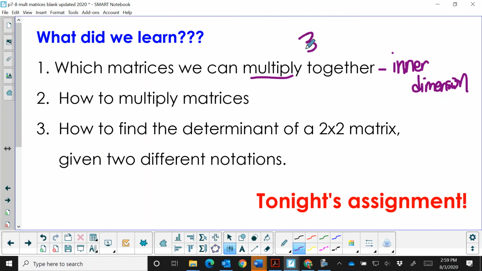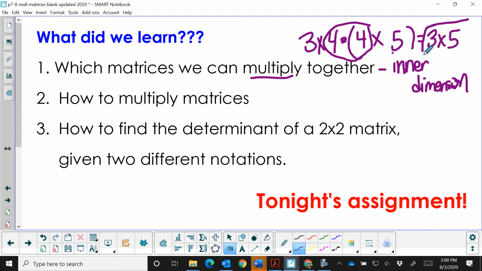So let's say we have a 3 by 4 matrix. What can we multiply that by? Well, we can multiply it by any matrix that has 4 rows by whatever columns. We'll just say 5. If I multiply those together, the inner dimensions match, my answer would be a 3 by 5 matrix.